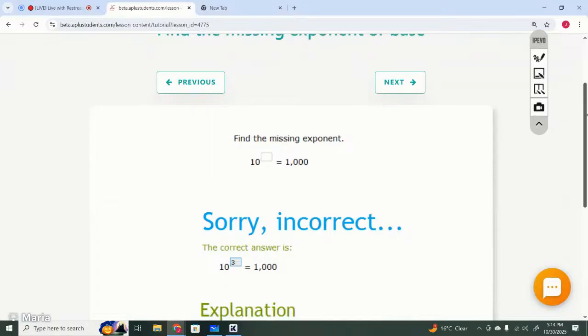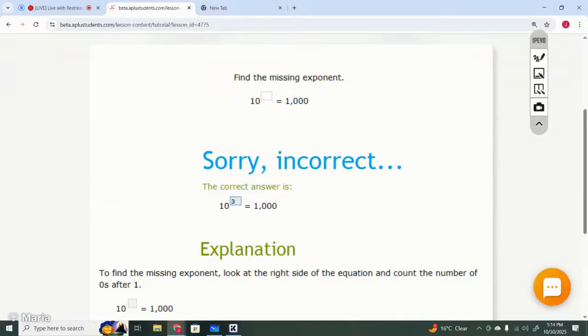So when we have to look at the exponent of the 10, you have to look at the number of zeros on the other side, right?